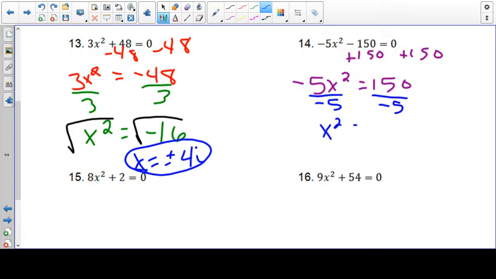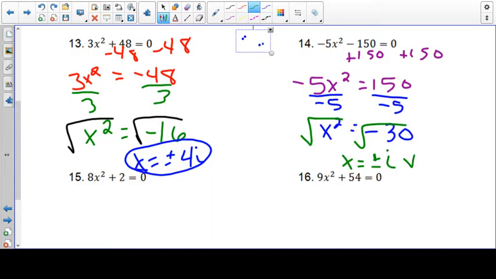I get x squared is equal to -30. Square root both sides. x is going to be equal to plus or minus i root 30.